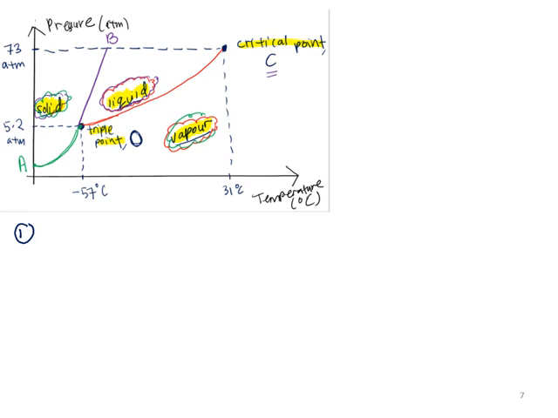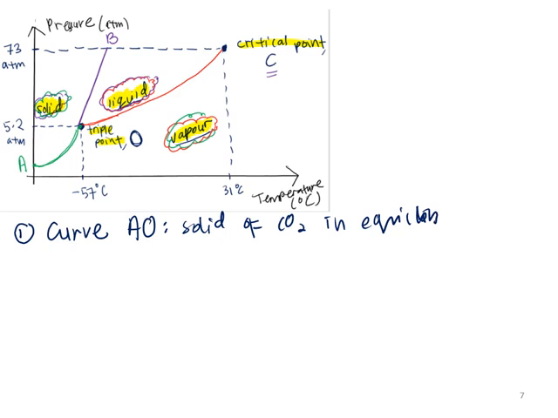Okay, contoh untuk phase diagram CO2 ni, curve yang pertama. Tak kisah awak nak pilih mana. Ada 3 curve ni. Katakanlah saya nak start dengan curve AO. So, curve AO refer to the solid of CO2 in equilibrium with gas of CO2.